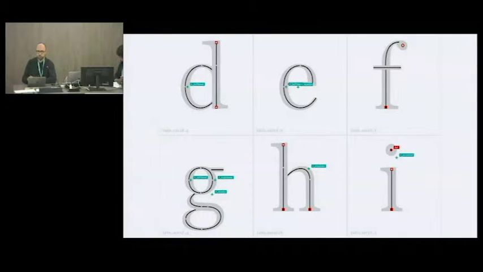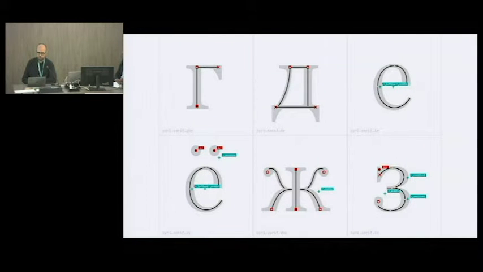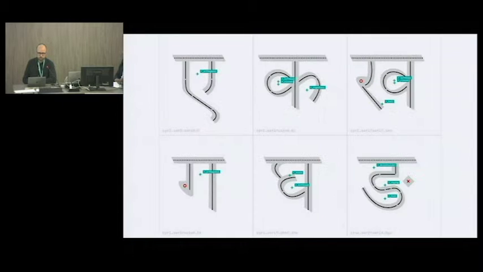Some of them can naturally use the same one. So although the typefaces are different, the letter E might be, because of the simplification, represented with the same concept in different typefaces. And again, the same thing for Cyrillic and Devanagari.